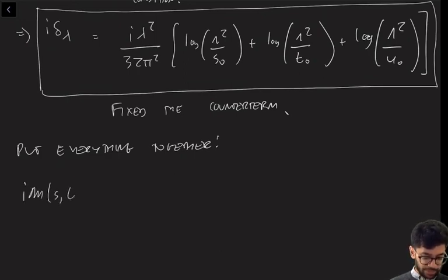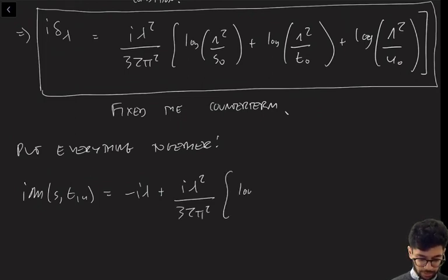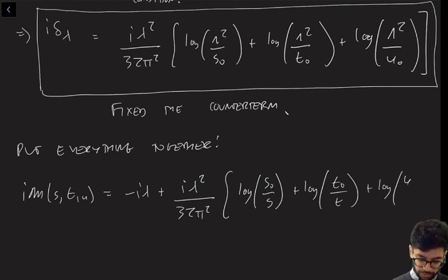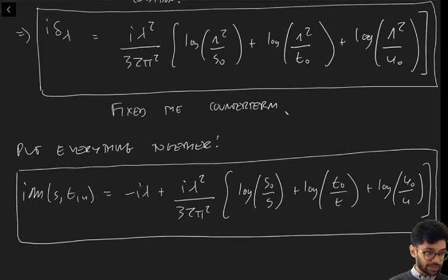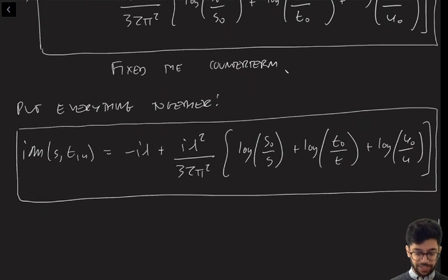We put in this value of delta lambda, and calculate iM, and we get, of course, this extremely familiar expression, lambda squared over 32 pi squared times log s naught over s plus log t naught over t plus log u naught over u. And this, of course, is manifestly finite as a function of the renormalized physical coupling lambda.